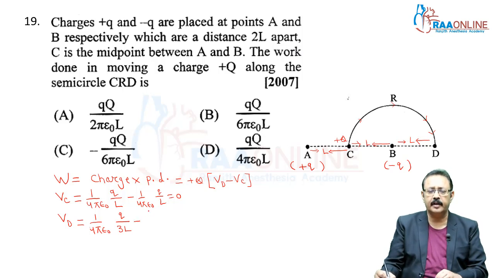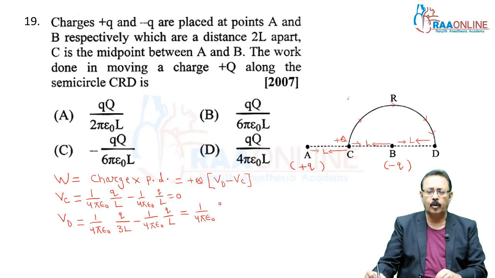Due to the negative charge, it should be negative: minus 1 upon 4 pi epsilon naught Q by distance of B from D, which is L. So take 1 upon 4 pi epsilon naught, Q by L common.